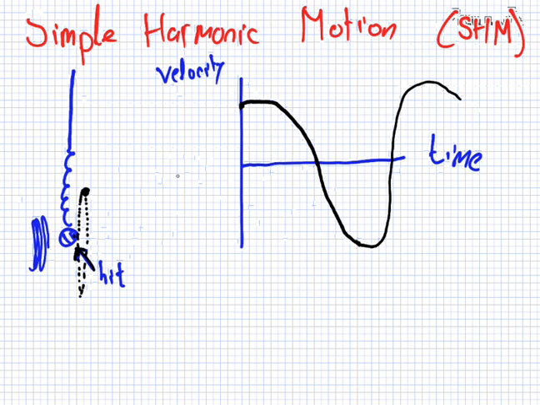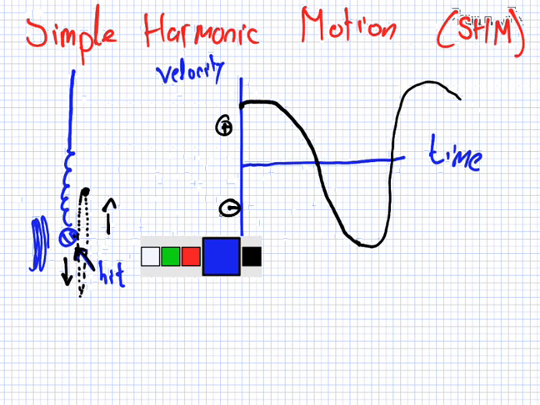Here it is negative, so it means it's going down. And then here, positive, means it's going up. So it's getting faster and slower. I think that's all I want to say about that for now.